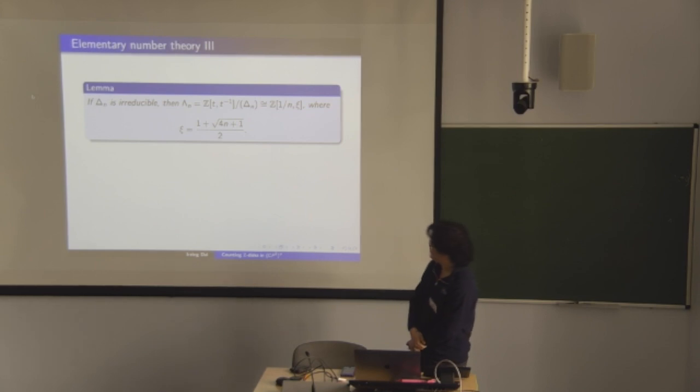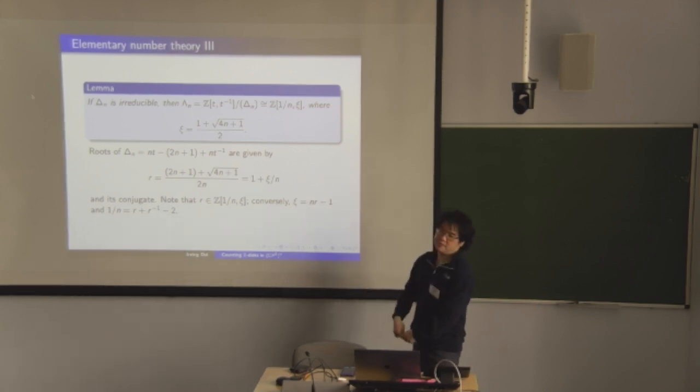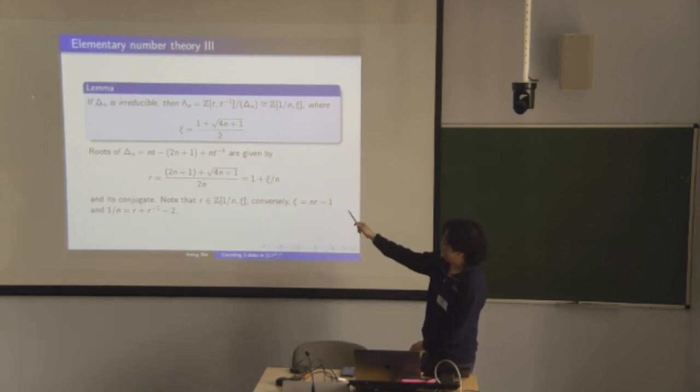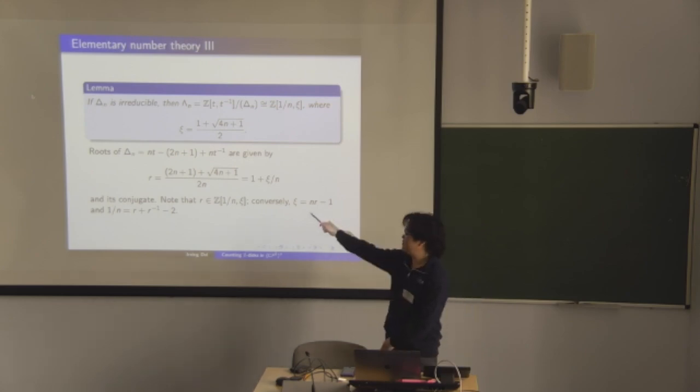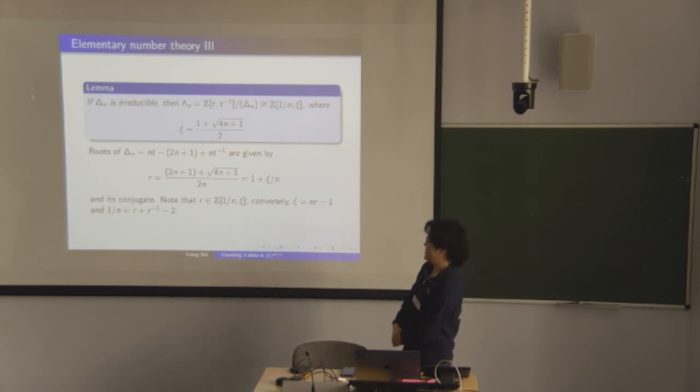I have to adjoin 1 over n, and why is that? Well, if I look at the roots of this quadratic polynomial, they are what I've written on the board. There's this annoying n in the denominator, which is not the thing that you get out of studying quadratic number fields.